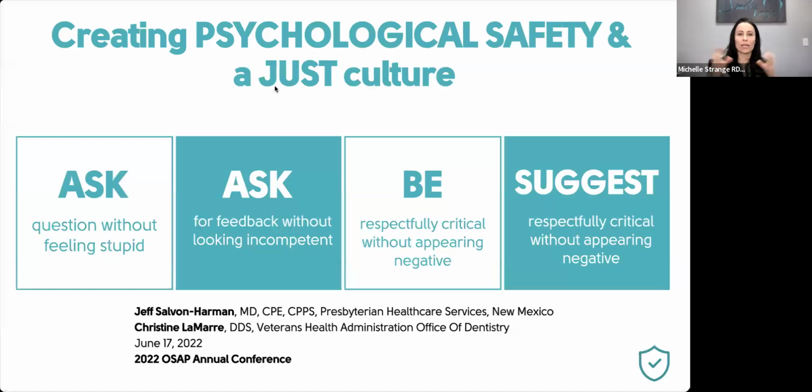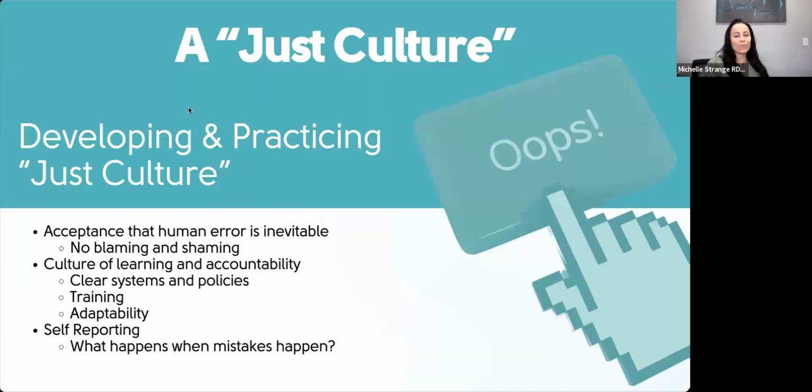And I do think together, this psychological safety and just culture creates a work environment where people aren't afraid to speak up and mistakes are seen as opportunities to improve the way we work. And I think that's a huge part, because that has not always been the environment I have worked in as an employee. And I am determined to make it the environment that I now have in my practice.